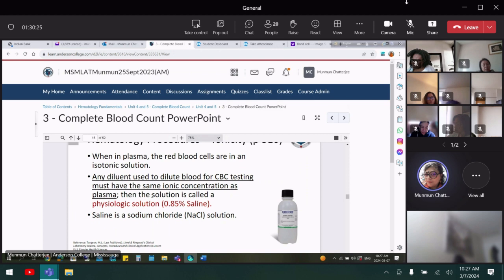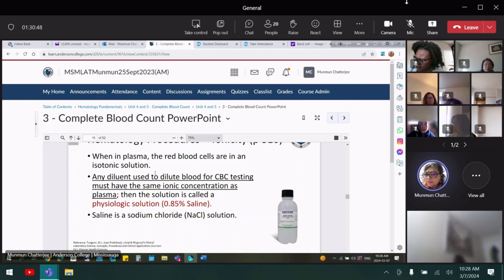When you get a saline drip, that is the concentration you are getting, because that is your in vivo strength. What is saline? Saline is a sodium chloride solution. It is nothing else: sodium chloride solution, 0.85% saline.